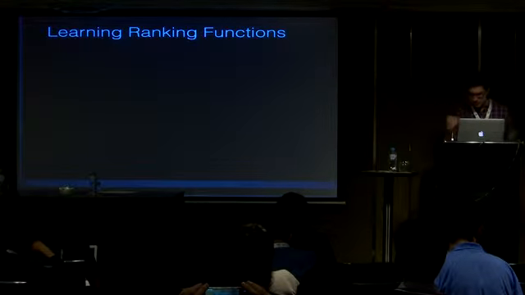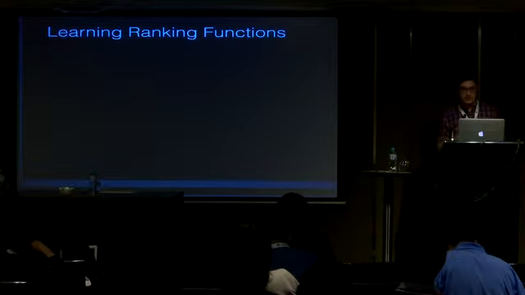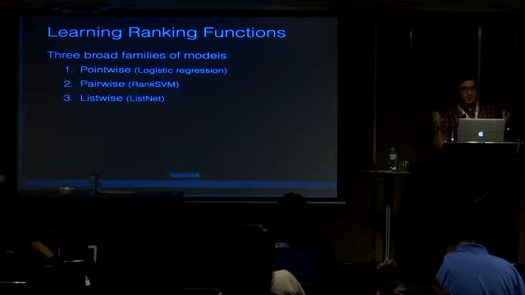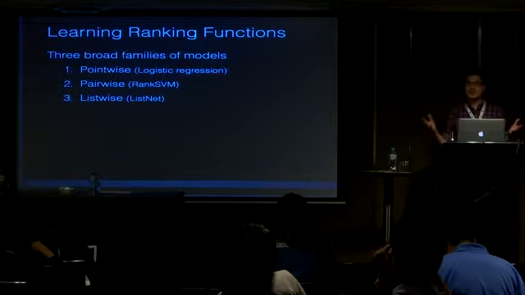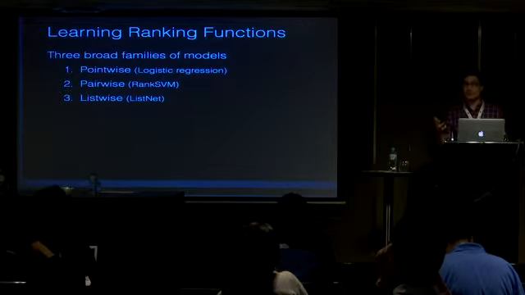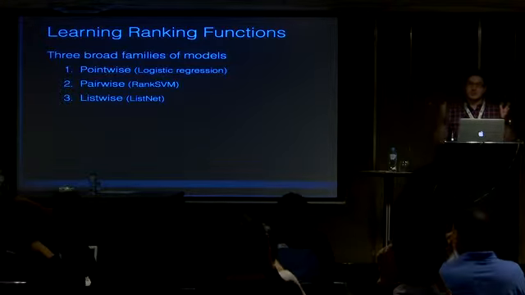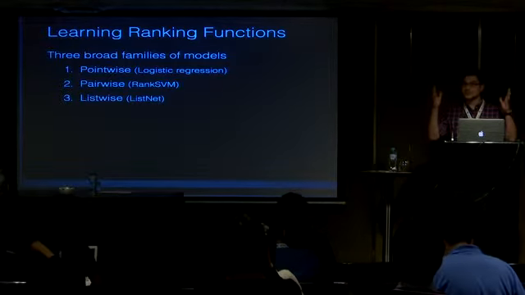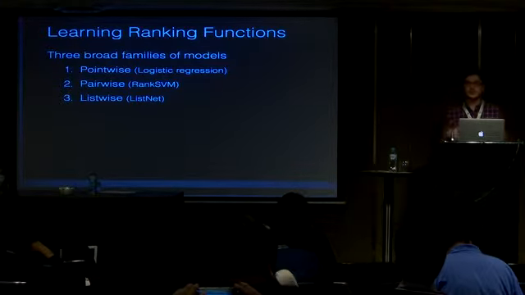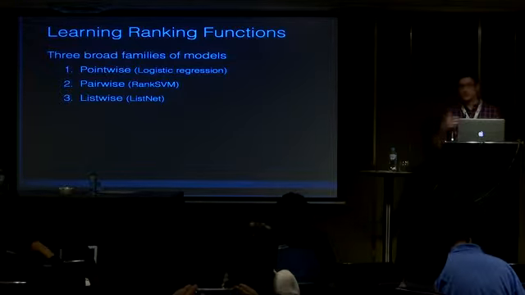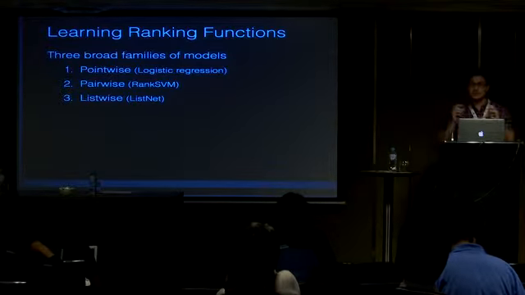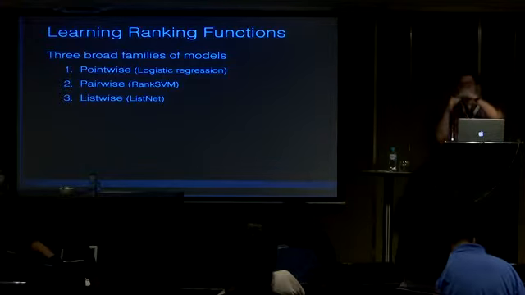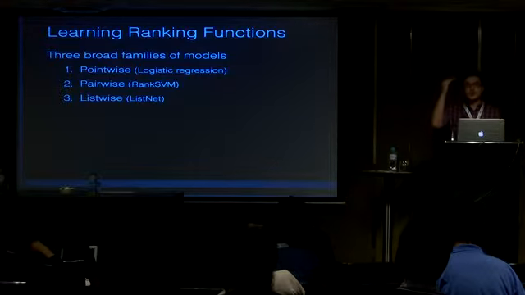All right, so before I go into the details of the loss function that we use, I will introduce some of the design decisions one has to make before deciding on a ranking function. Probably most of you know there are 3 broad families of ranking functions: pointwise, where you take the features of the product, run them through your scoring function, and then you get some score, and then you sort the items based on the score that you got.